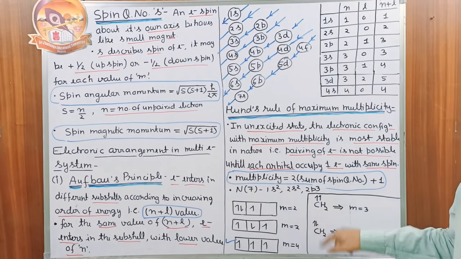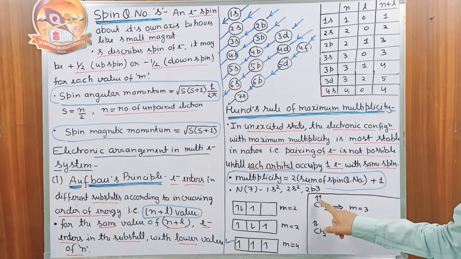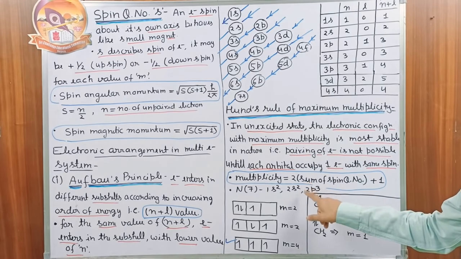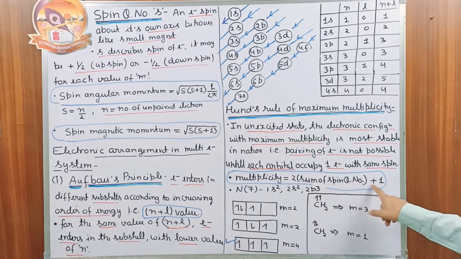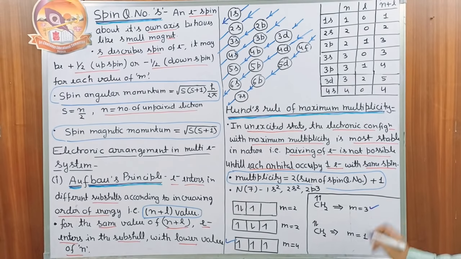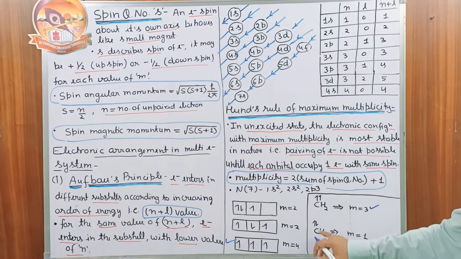We calculate the multiplicity here. Half plus half, 1, 1 plus half, 1 into 2, 2, 2 plus 1, 3. So the multiplicity of triplet carbene is 3. Now we calculate the multiplicity of singlet carbene. Plus half minus half 0, 0 into 2, 0, 0 plus 1, 1. So the multiplicity is 1.